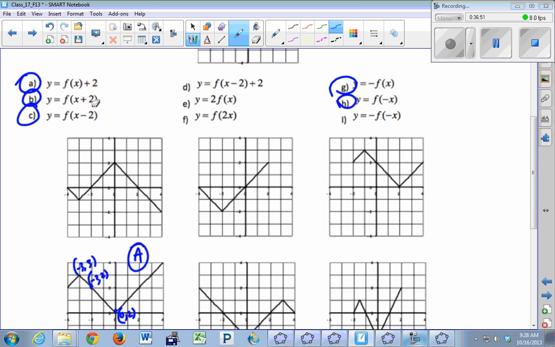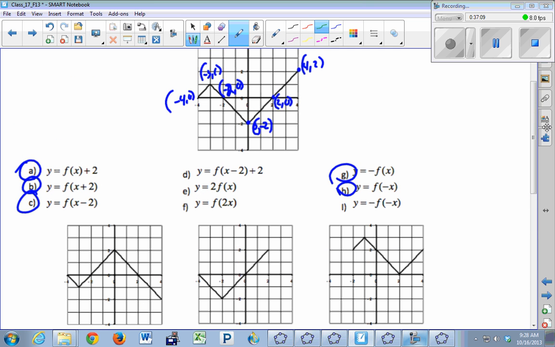Now, what are we looking for at B? B, you're inside the parentheses. This is a horizontal shift. It acts counterintuitively. When you see the +2, you are moving to the left 2 units. So that means all of these points are going to shift left 2 units.